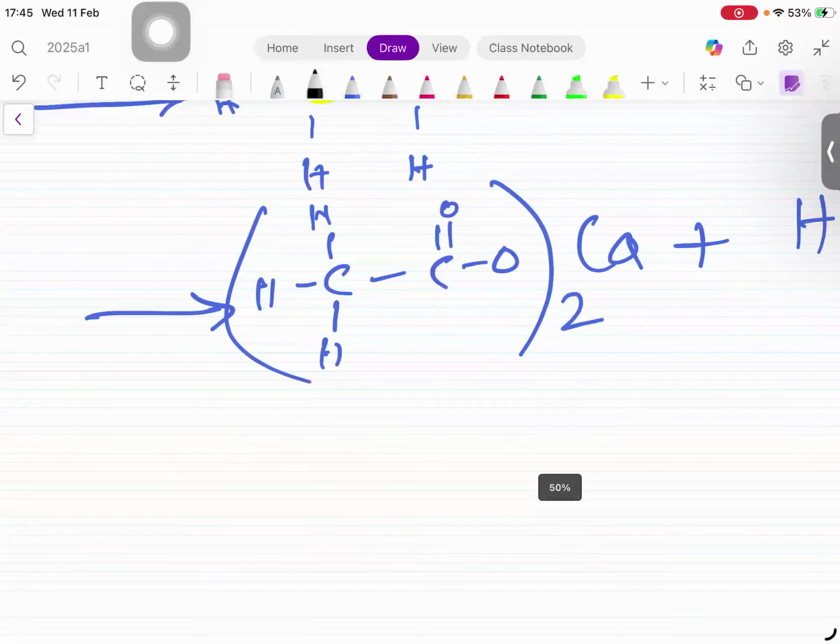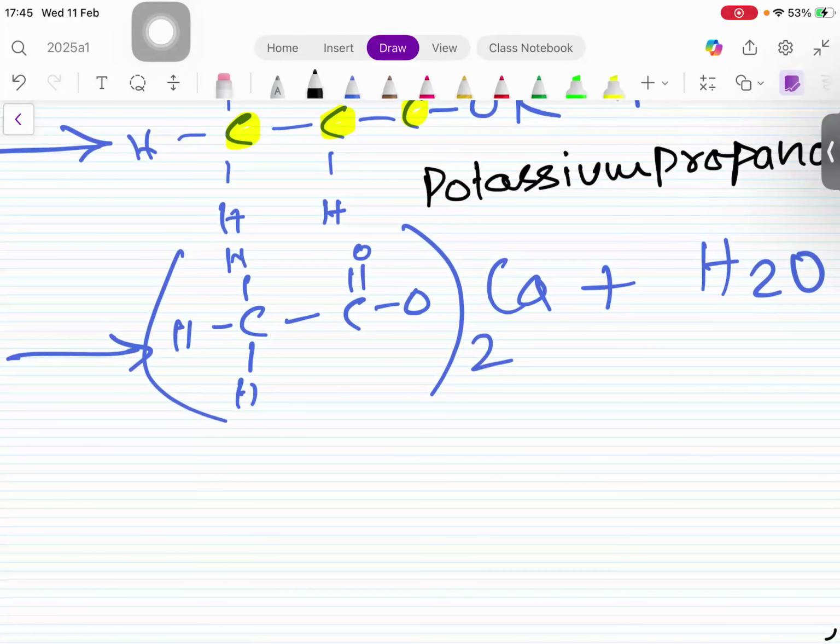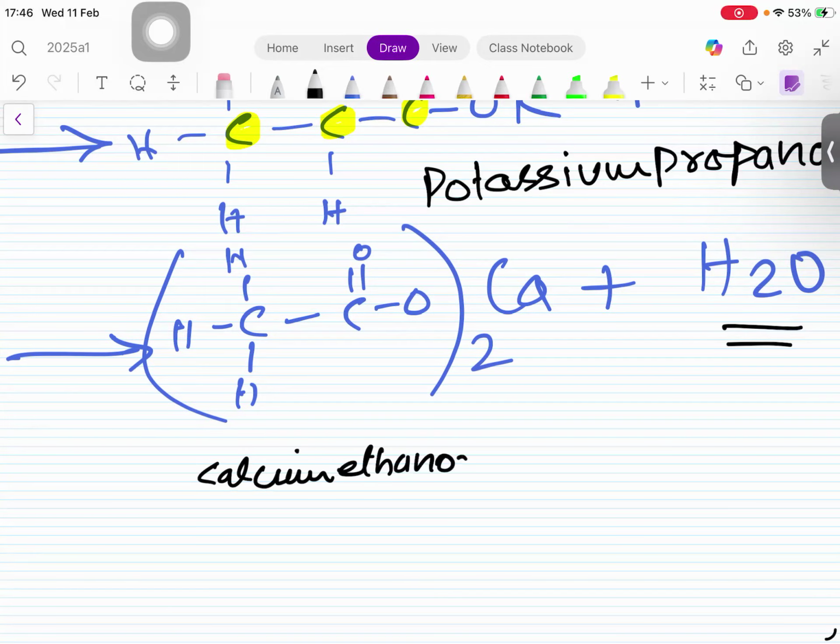What about this acid? Can you understand? Can you see this salt? Sorry. Yes, it is calcium ethanoate, the salt. So it must be formed from ethanoic acid. And who is with it? Water. So what will the metal compound be? Oxide or hydroxide. So this is calcium ethanoate.